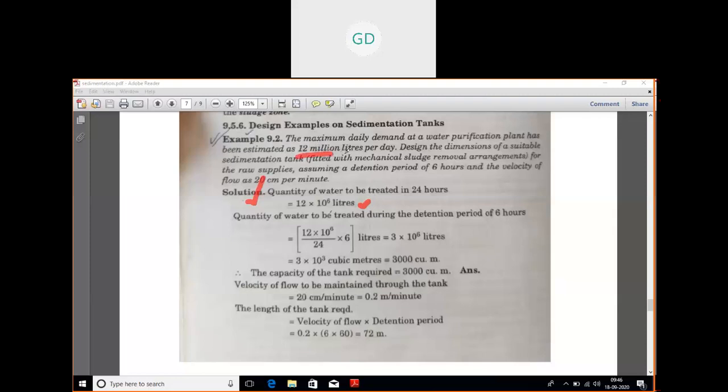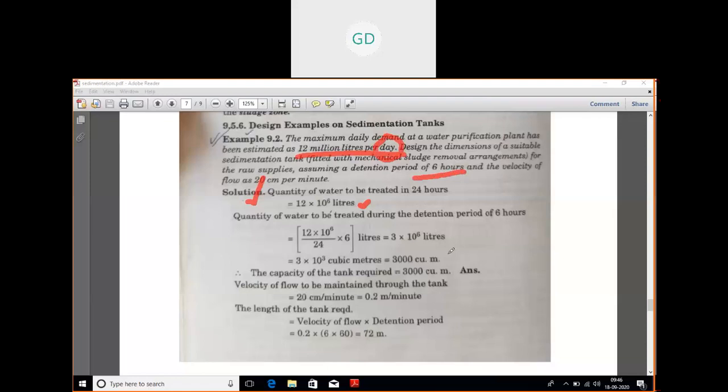Million liters per day, so 10 to the power 6 liters. Since day is mentioned, we need to convert it to hours, because the detention period is mentioned in hours.